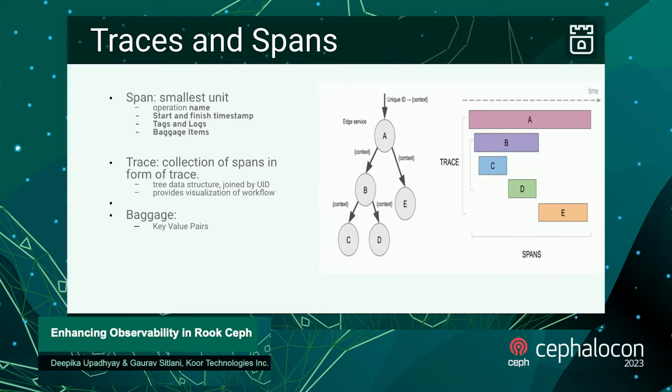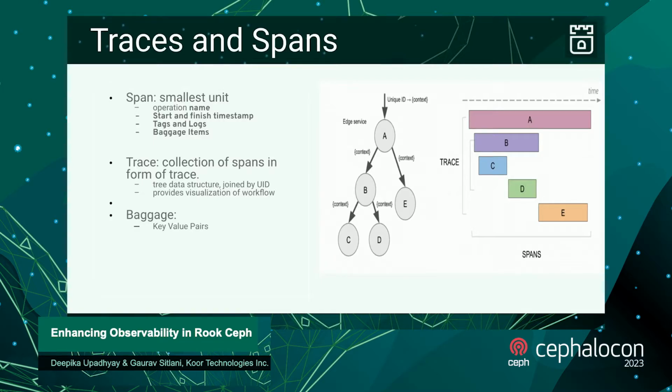Once that is mentioned, it will fetch the context ID of this span, and that will link to B, as B is the child of A. In this way, the context is propagated, the spans are generated, and in the backend, that's what Jaeger does.